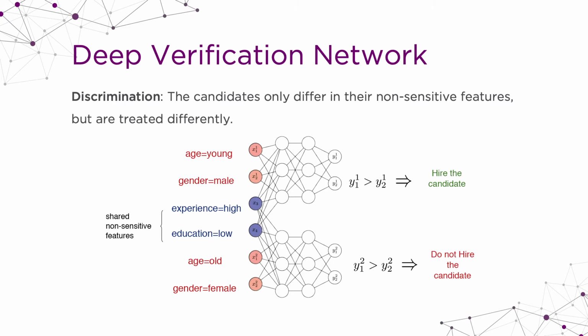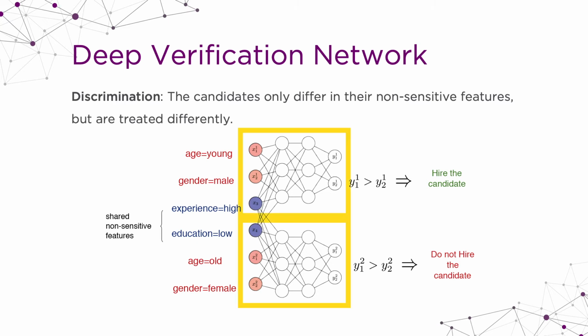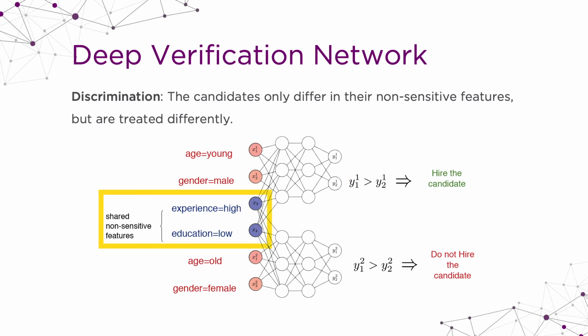So what I'm verifying is that you have these two networks, and all the non-sensitive inputs are the same, so they share the neurons and all the weights are the same. The sensitive ones are different. For example, we have a young male, with education low and experience high. And we have another individual with the same experience and education level, but an old female. The outcome should be the same.